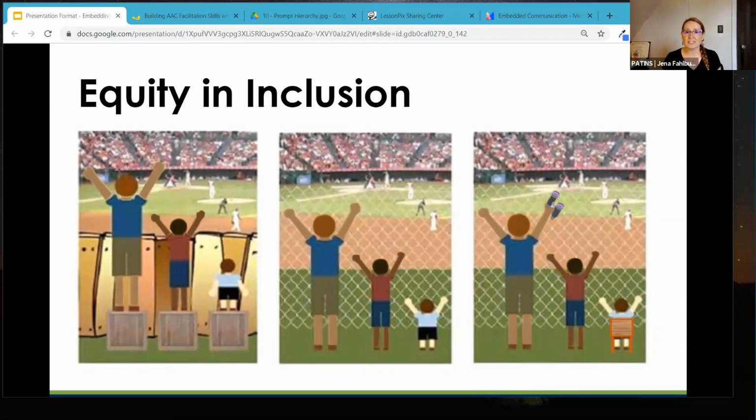The student in the center doesn't need anything other than just removing that barrier of the wooden fence. And then we've got the shortest student, who needs to sit in a chair, or maybe it's a wheelchair, and he still has access now to the game based upon his needs. So we're really talking about that universally designed and specially designed instruction for our kids when it comes to embedding communication in our inclusive classrooms.